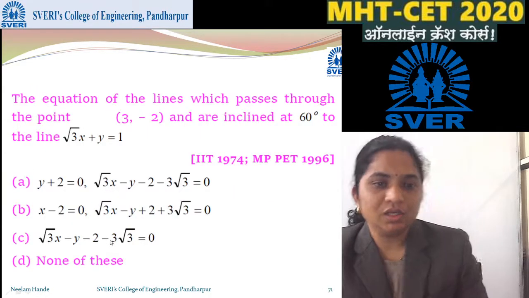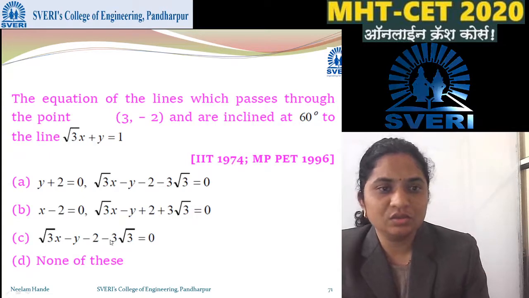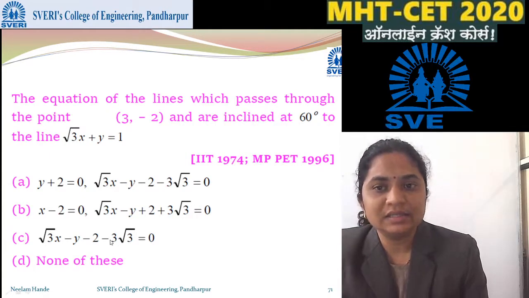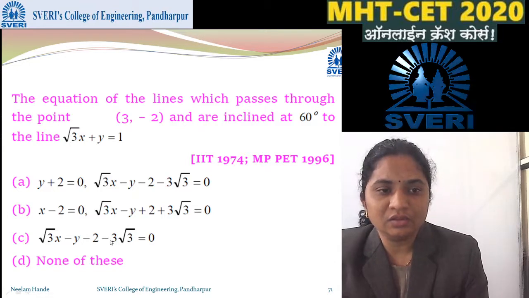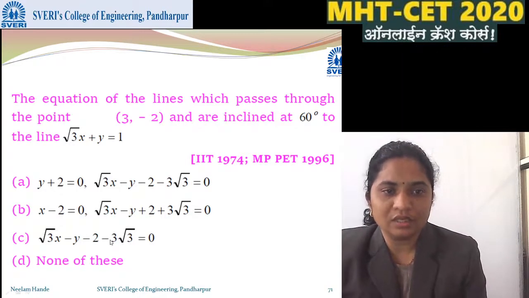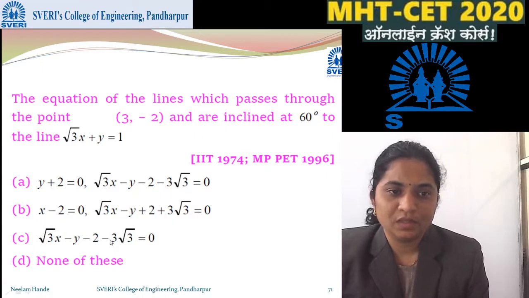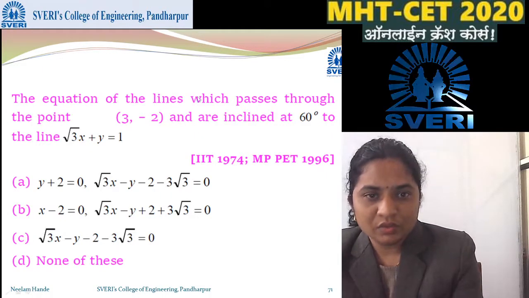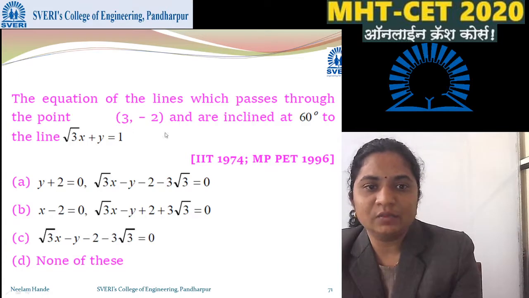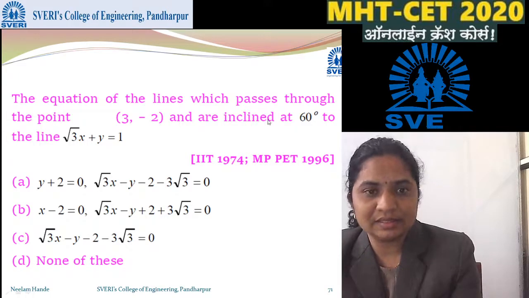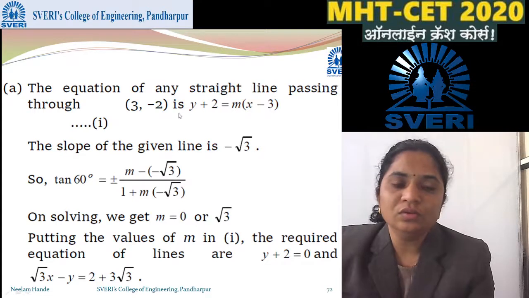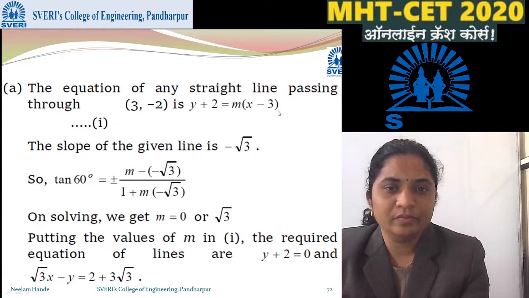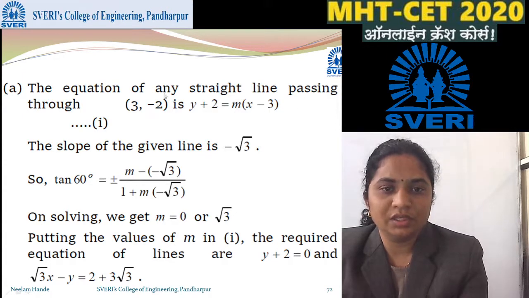Next question. The equation of the lines which pass through the point (3, -2) and are inclined at 60 degrees to the line root 3 x plus y equal to 1. Okay, so this is the question given. The line passes through the point and is inclined at 60 degrees. So we know the y minus y1 is m into x minus x1 form. So we have written it here.